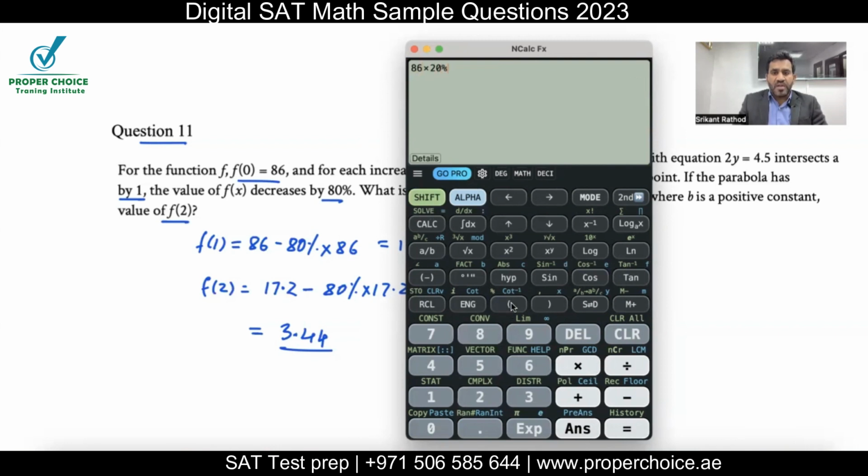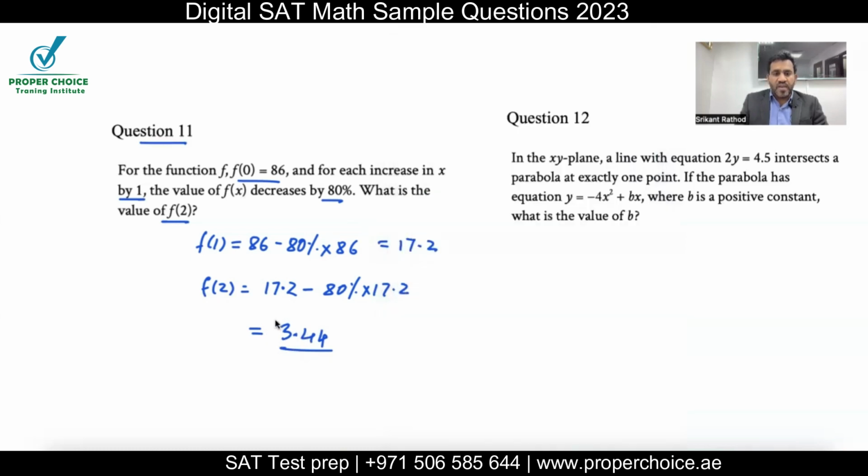This is the value left after the first decrement. Again, multiply this result by another 20%. That is the value left after the second decrement. I can do it in multiple ways. The important thing is you need to understand what to do. So here we are getting 3.44 as the right answer to this question.